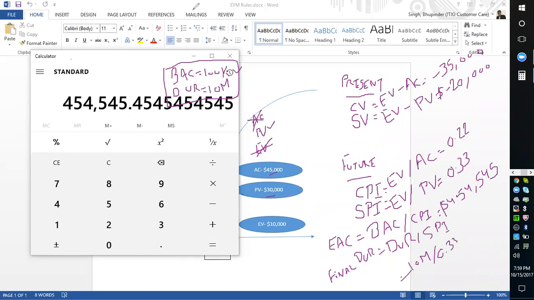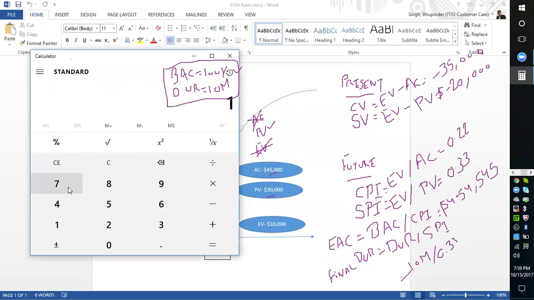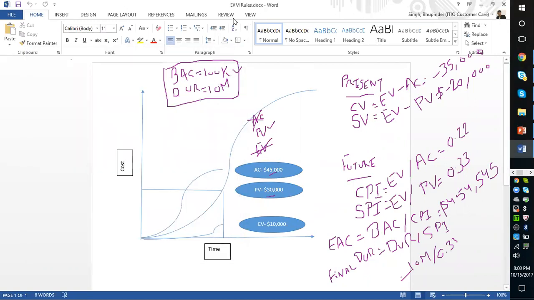So 10 divided by 0.33, I would take 30.30 months. This is how we found out the final duration, which is pretty bad, right?